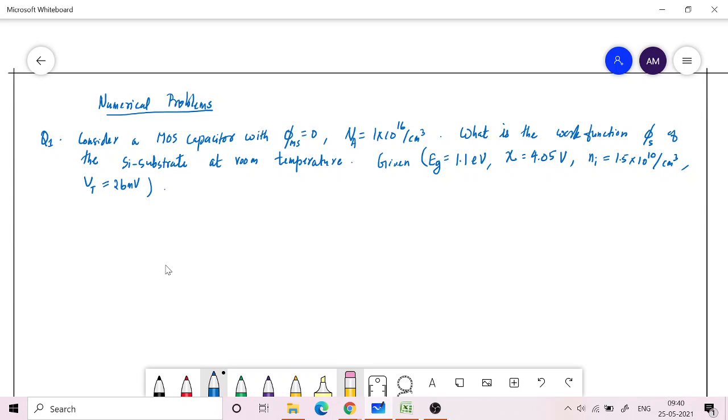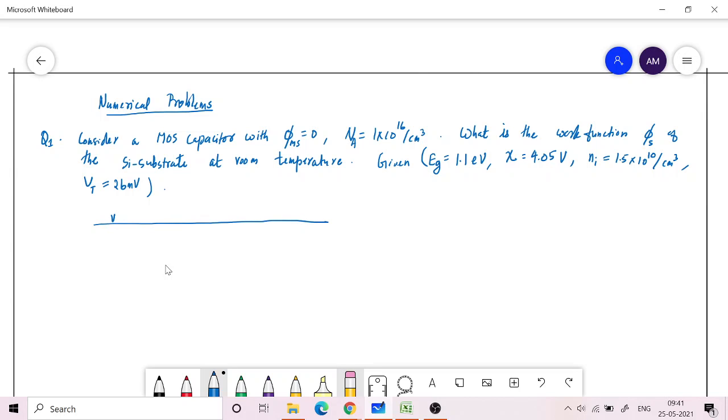Phi ms equal to 0 means the difference in work function for metal and semiconductor is 0, which means that you will get a flat band when you do not apply external voltage. So it's a flat band condition, which is relatively easier to draw.